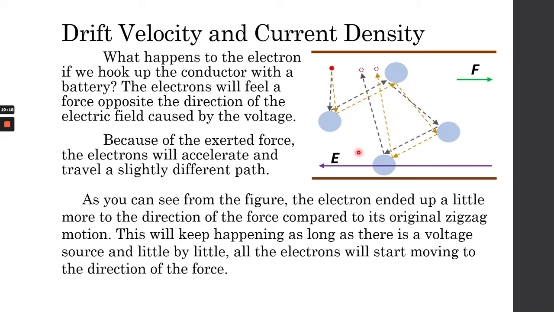Again, as we keep the battery hooked up and as the electric field keeps acting, the electron would keep experiencing a force opposite to the direction of the electric field. And as it keeps feeling that force, it will start to move little by little.